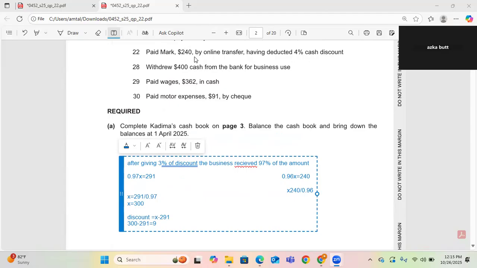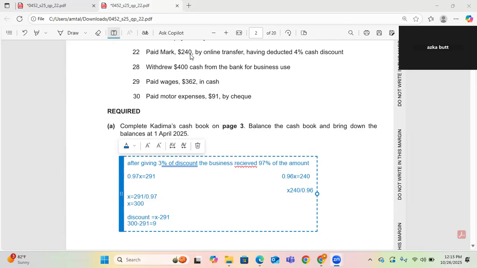If we get the original amount, we can easily find out what is the cash discount we received. We just know the percentage, not the amount of that cash discount.